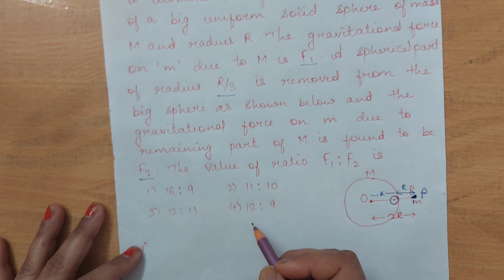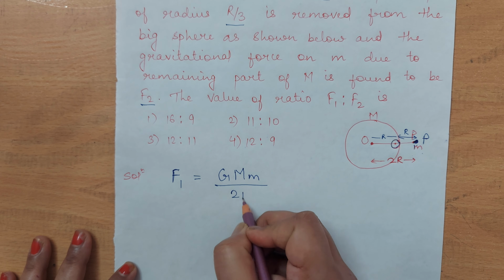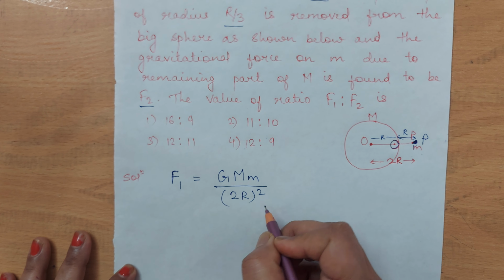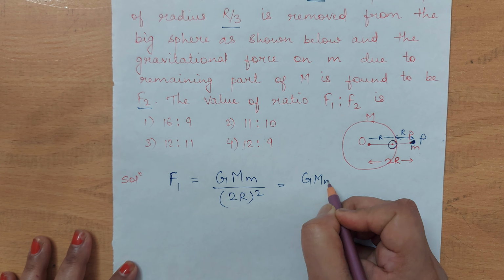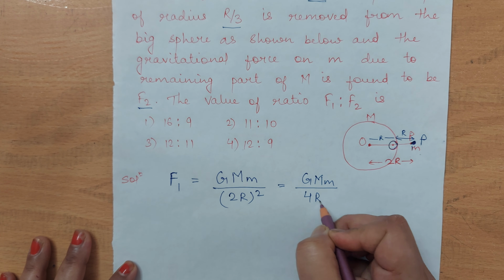So we can write that the force F1 is equal to G M m, where capital M is the mass of the big sphere, and small mass m is a small point mass which is placed at a point P, which is at a distance 2r from the center of the big sphere. So the distance is 2r, and squaring it, we will get F1 is equal to GMm by 4r square.